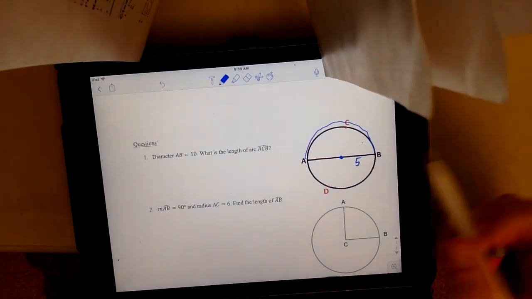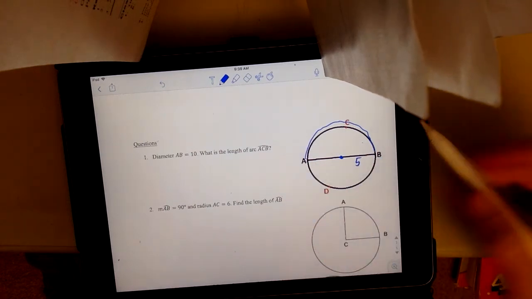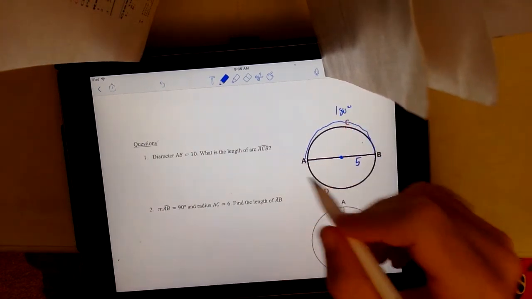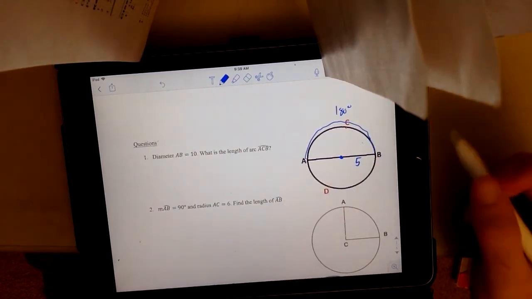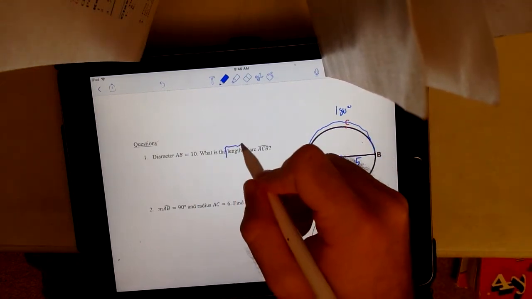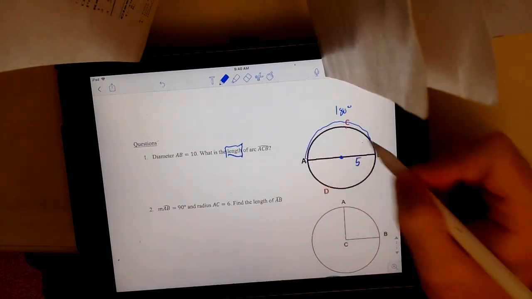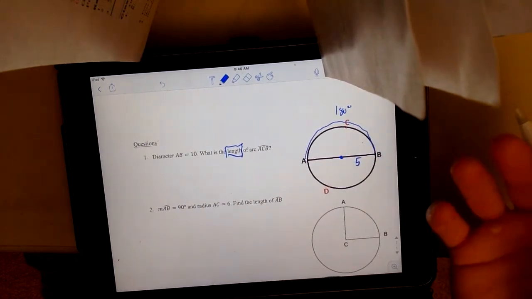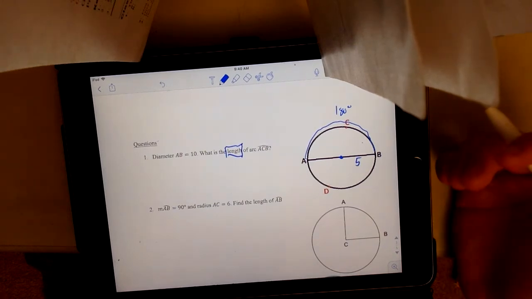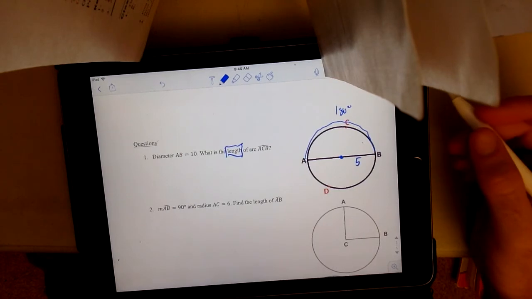So far, every time we've looked at arcs, I've asked the degree measure, 180 degrees. Now, we're not talking about degree measure. We're actually talking about length. If I were to measure with a string how long that arc is, how many inches or feet would it be? Well, this relates very closely to circumference.